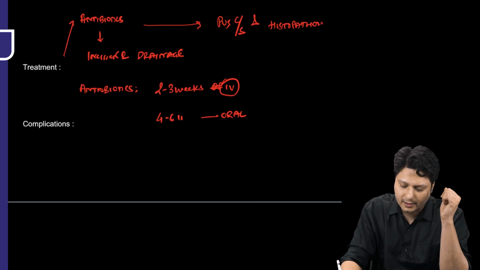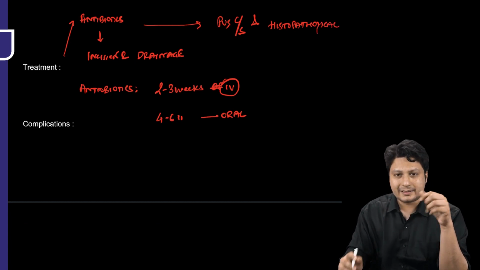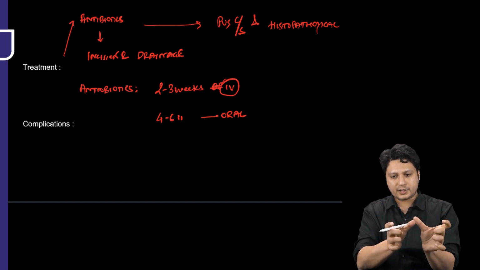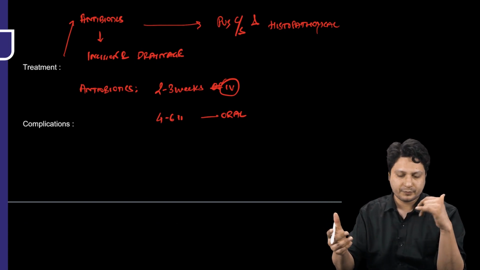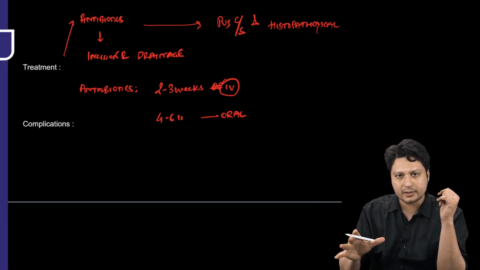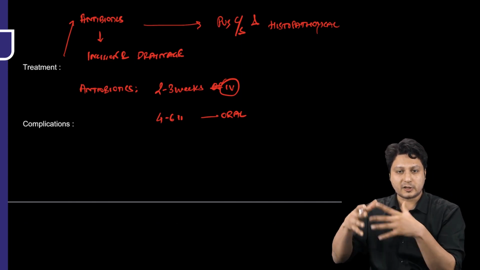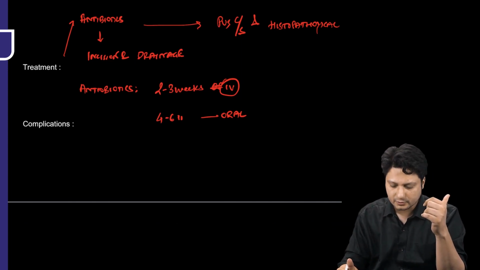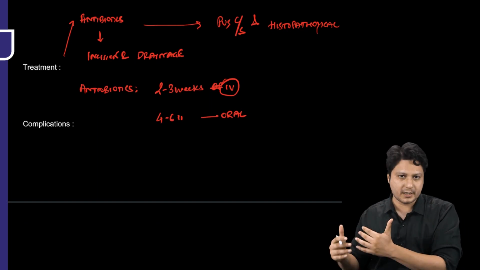Why histopathological examination? Because the condition of acute osteomyelitis very closely mimics Ewing sarcoma. All right. So histopathological examination is also required in order to rule out Ewing sarcoma if the patient is suspected to have it. So pus culture sensitivity and histopathology of the aspirate that you have obtained.